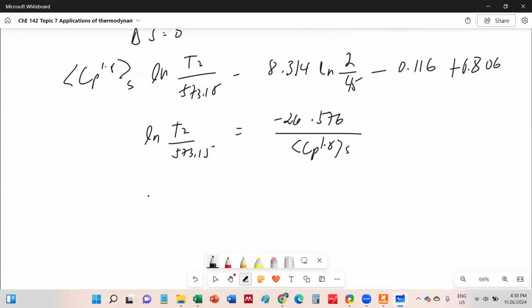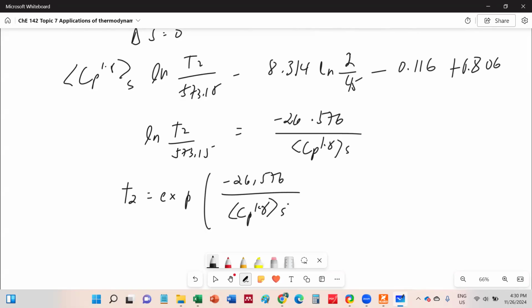Now let's exponentiate both sides of the equation. You will get T2 equals 573.15 exponent negative 26.576 over CPIGS, plus 6.3511.